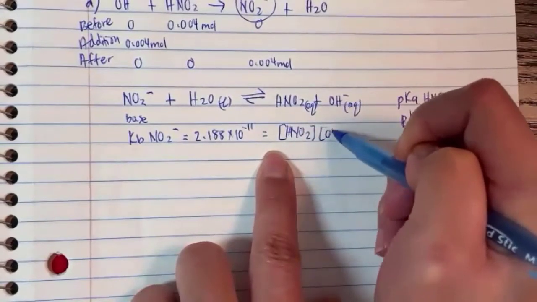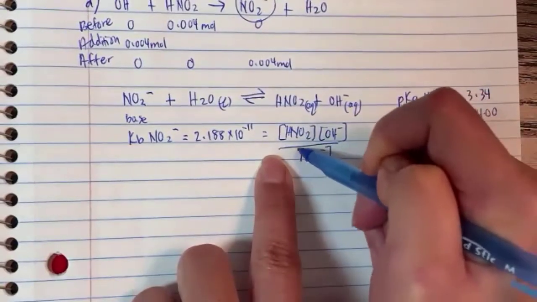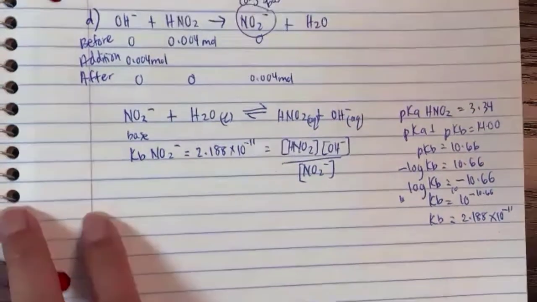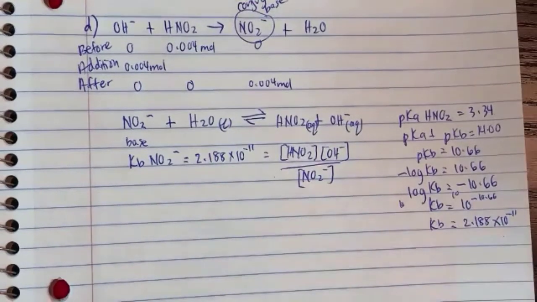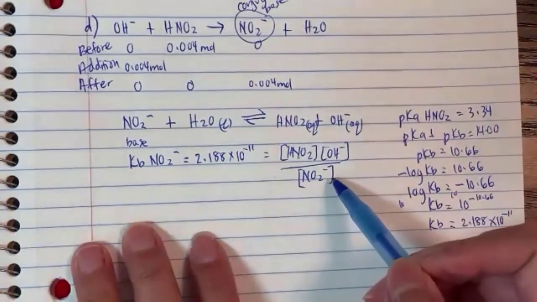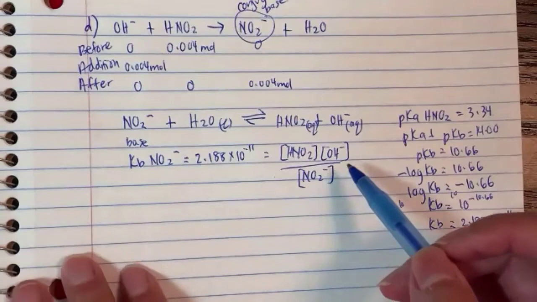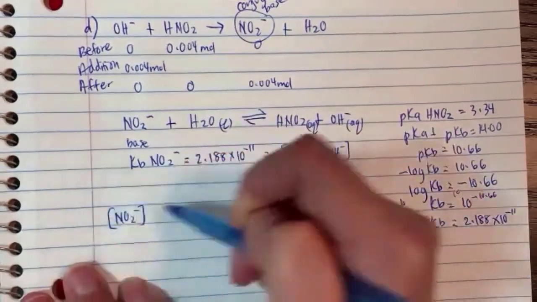HNO2 times hydroxide over NO2. Now you see like all the chapters are linked together. Even though we're in chapter 18, we're now doing problems from chapter 17. Like it's all linked together. Okay, so once we do this part, what do we do next? We set up the ice table, okay? So in the ice table, we don't have to put water, but we do need everybody else.